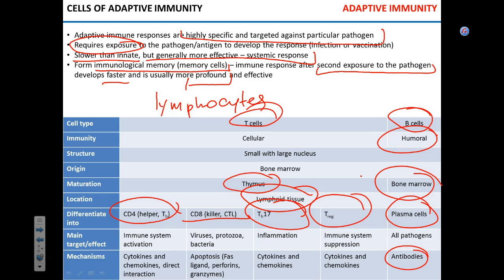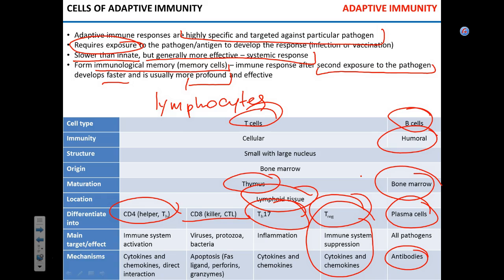Now, some names say it all. Helper cells help other immune cells to become more effective. Killer cells directly destroy infected cells by apoptosis. Th17 cells increase inflammatory responses, and T regulatory cells play a critical role in stopping the immune response, in curbing it, because you want that war for a limited time only.